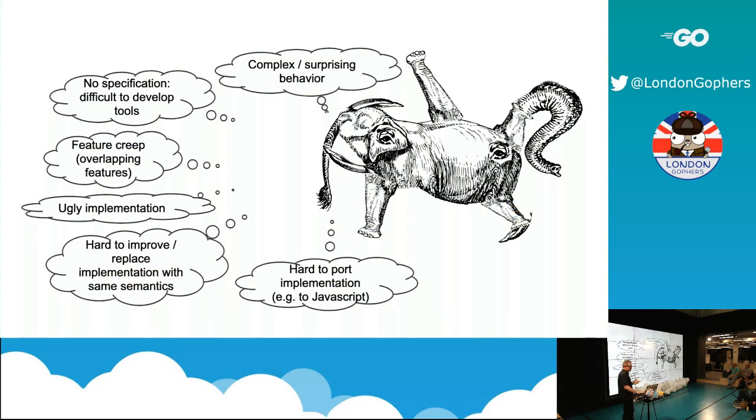You end up with too many features. The implementation can also be a bit dodgy. And then if you try and improve it, you can't because you don't really know what it was supposed to do in the first place. There's no spec. There's only that one ugly implementation. And the worst case, if you want to move it to a cell phone or run it in the browser and you have to do a complete re-implementation in JavaScript, then you're not in a good place.